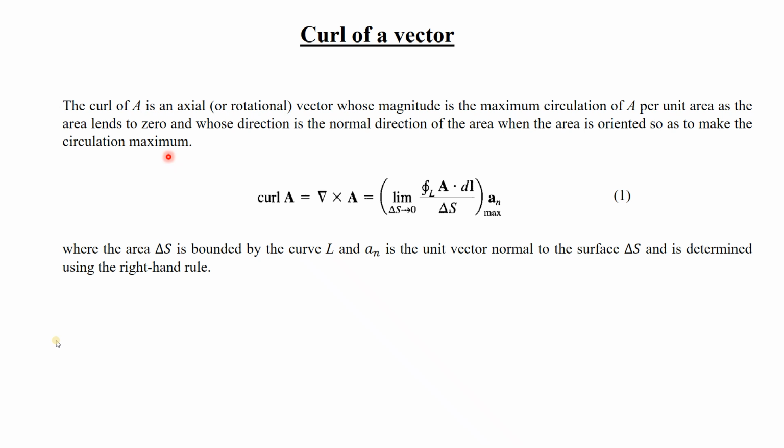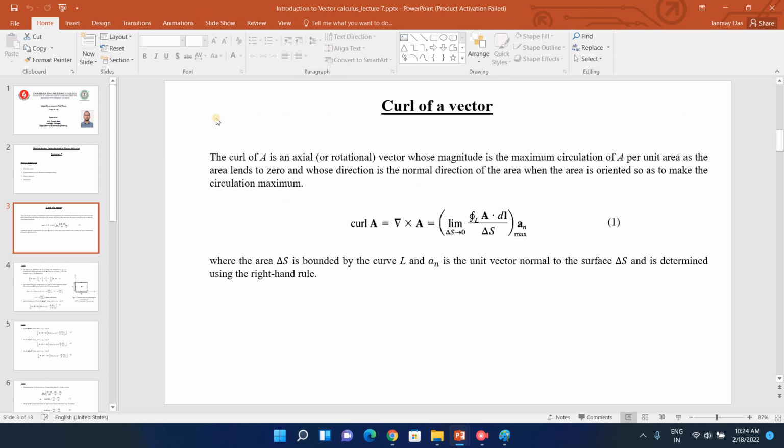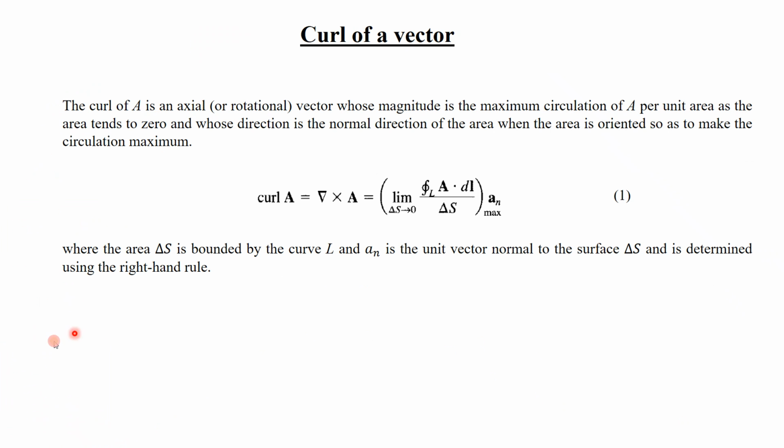Okay, so the curl of a vector A is an axial or rotational vector whose magnitude is the maximum circulation of A per unit area as the area tends to 0, whose direction is normal to the area when the area is oriented so as to make the circulation maximum.